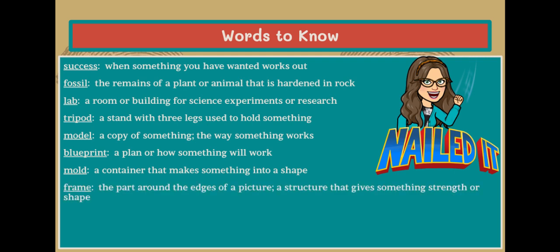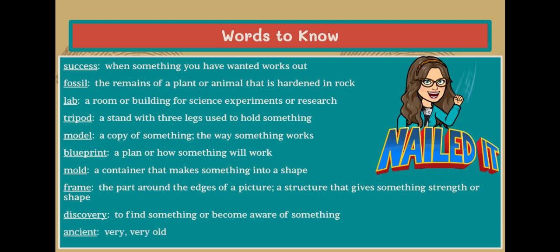A frame is the part around the edges of a picture, or a structure that gives something strength or shape. Discovery means to find something or to become aware of something. And ancient means very, very old.